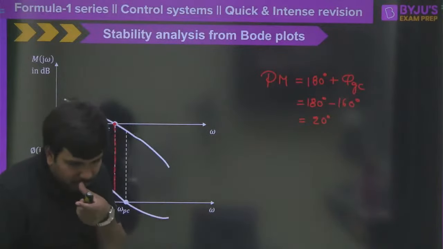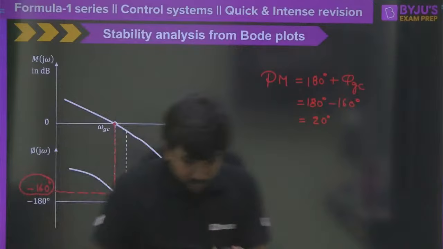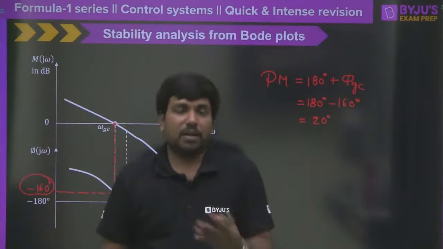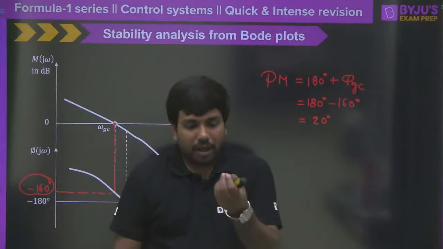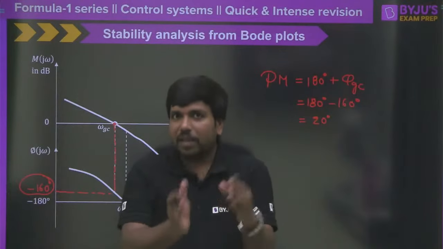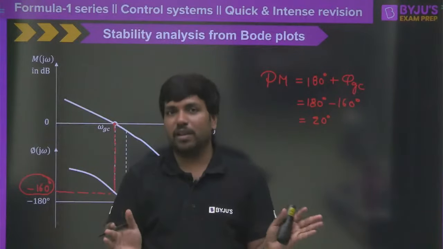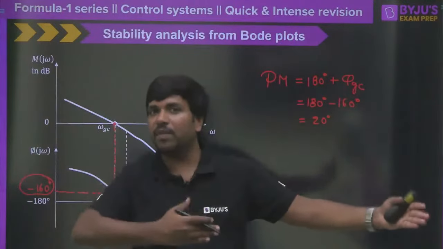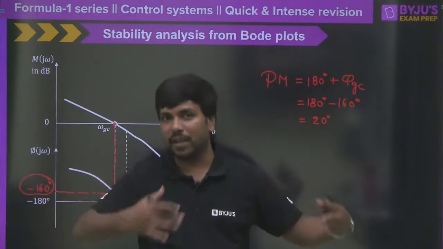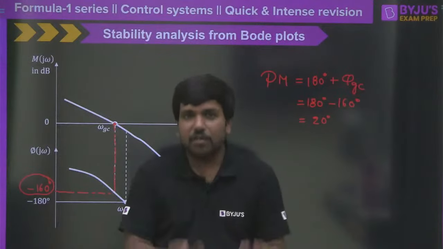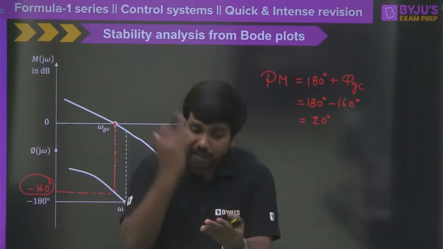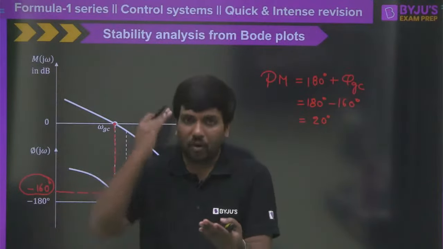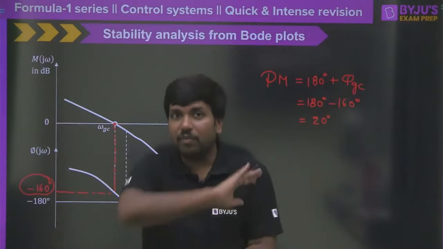Any proof for stability? Oh yes, very many proofs. But as I suggested, in my regular classes I have discussed so many proofs, like what will happen if omega PC is less than omega GC, more than omega GC, and so on. My suggestion is, please watch the lectures only on gain margin and phase margin, and all your queries will be clarified.